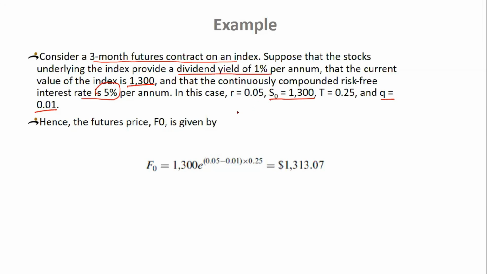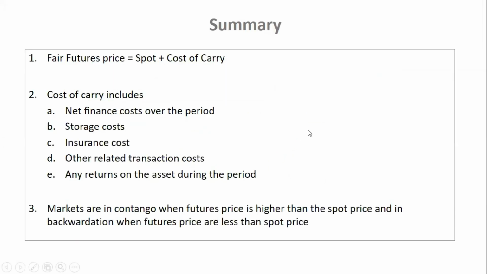To calculate the futures price, you take the spot price, continuously compounded with the interest rate minus your dividend yield, multiplied by your time. Since this is a 3-month contract, 3 divided by 12 is 0.25, which is nothing but 1/4. Based on this formula, the futures price of the index for 3 months will be $1,313. So in summary, fair futures price is equal to the spot price plus cost of carry.